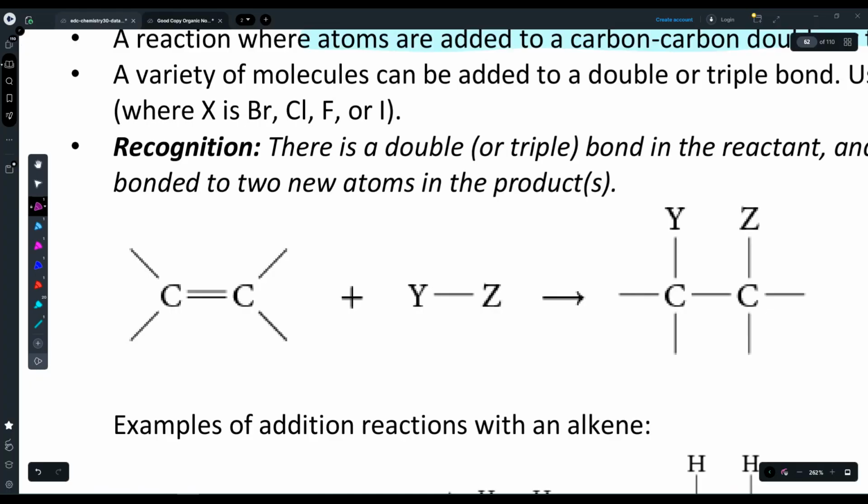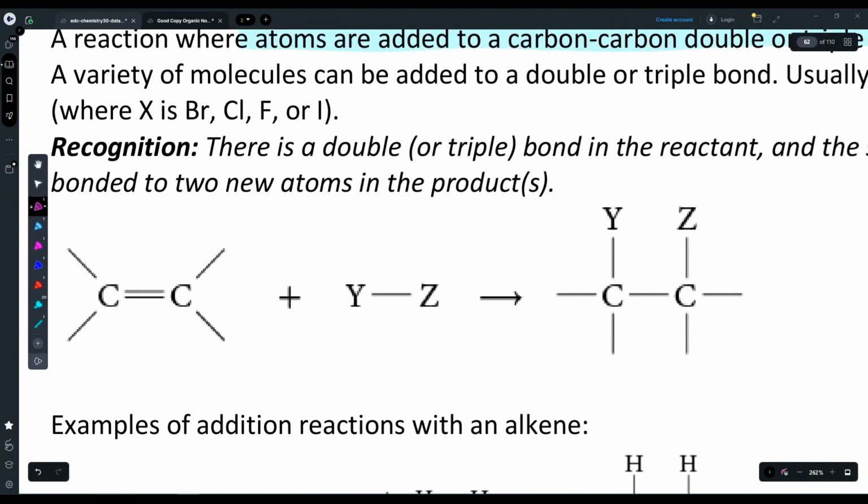As they get added, this double bond turns into a single bond. So that's the key idea behind an addition reaction. You have your double bond, you're adding 2 atoms or more. It just depends if you're working with a double or triple bond.